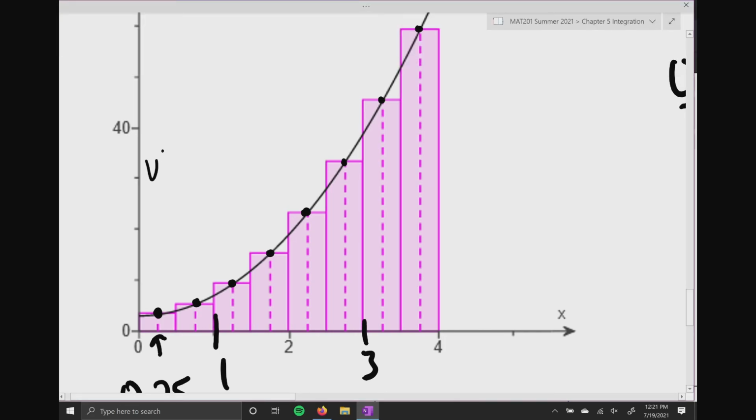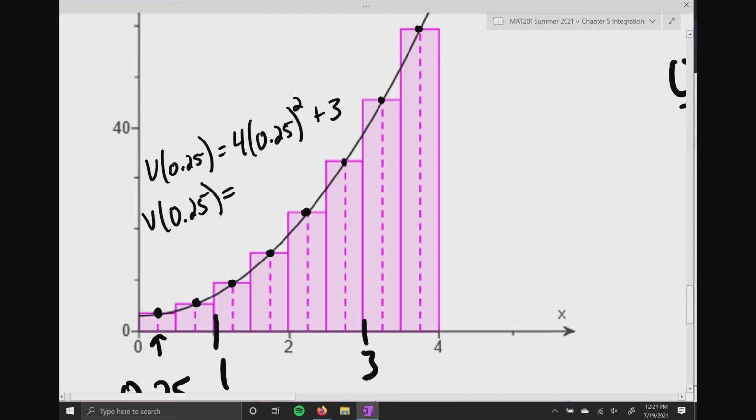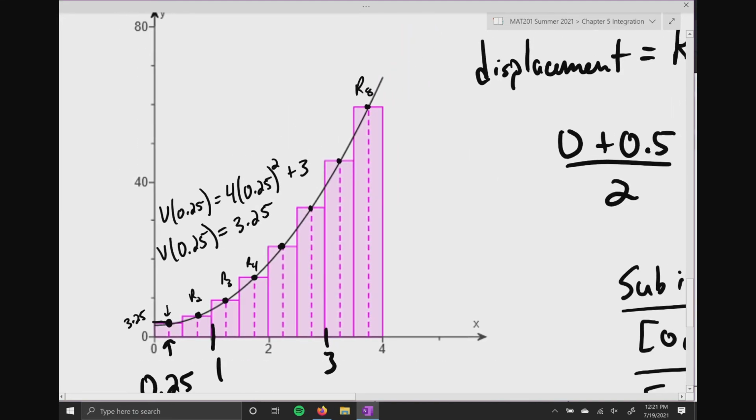So v of 0.25 is going to equal 4 times 0.25 raised to the second power plus 3, or v of 0.25 is equal to 3.25. So that's going to be the height of this very first rectangle, 3.25. And you do that for your second rectangle, your third rectangle, your fourth rectangle, and you keep doing that all the way up to your eighth rectangle.